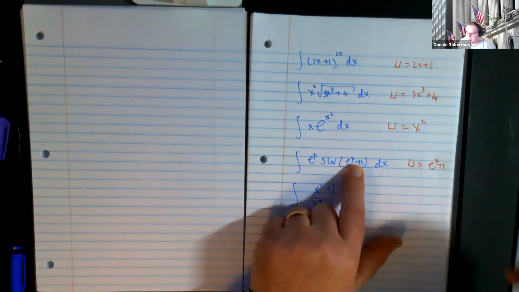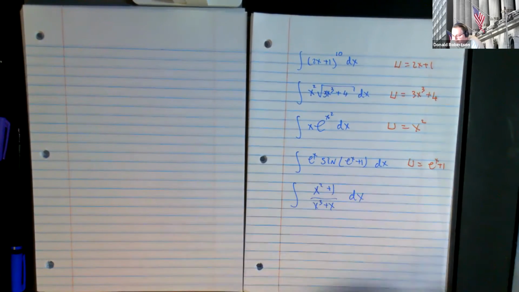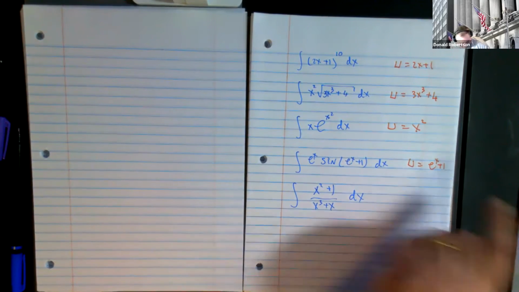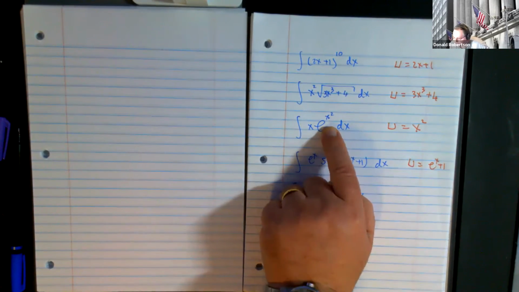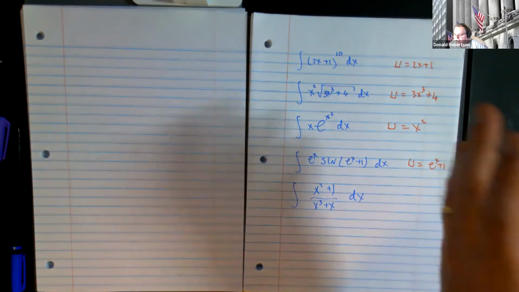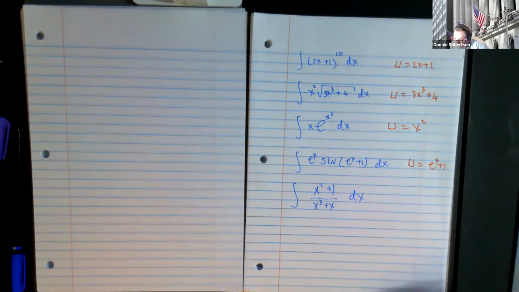Now, the reason I'm saying something is it's okay for that to be sine x. That wouldn't be a u sub, right? But if it's a sine x cubed plus 4x or something, then it's a u sub. That's okay. If it's an e to x, that's not the u sub. But if it's an e to the sine x, e to the x cubed plus x, right, e to the something, then it's a u sub.